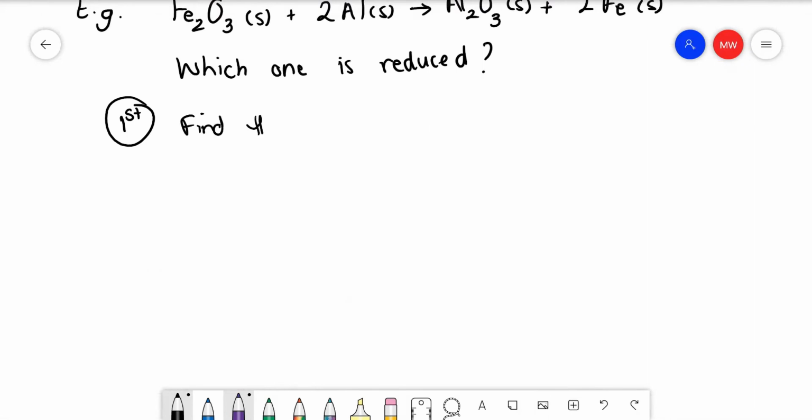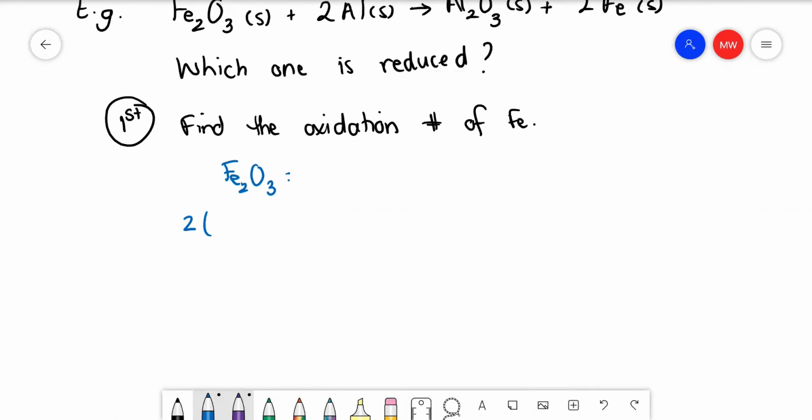First, we have to find the oxidation state of iron as it is in the compound iron oxide. How you do that is you say it is the number of metals plus whatever it's bonded with, in this case oxygen, gives you the charge of the compound.